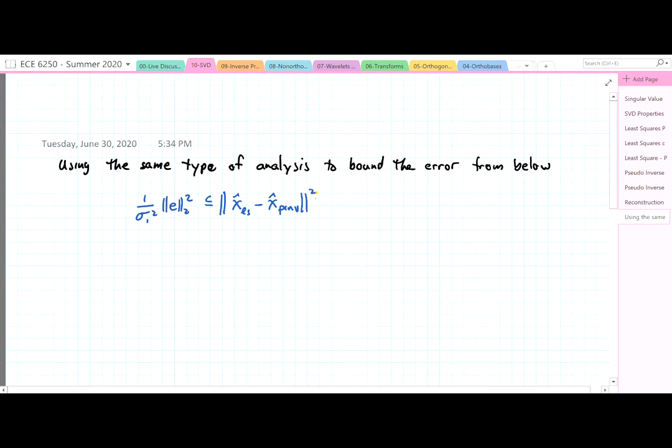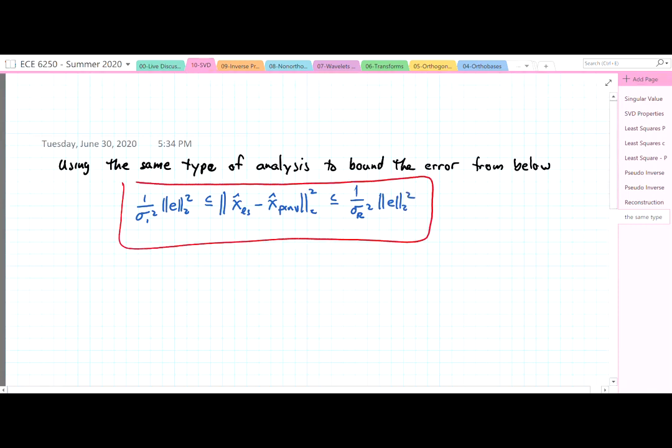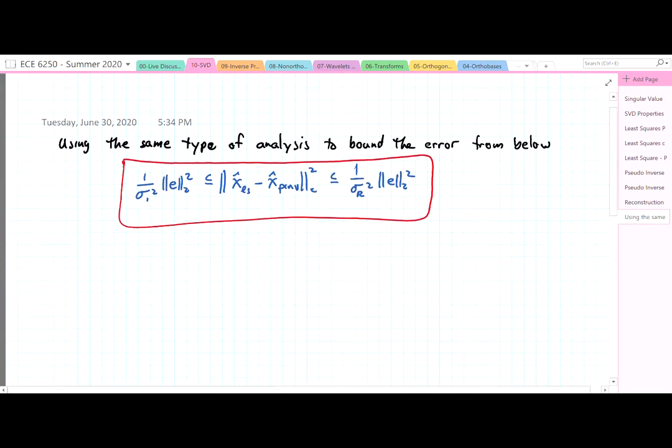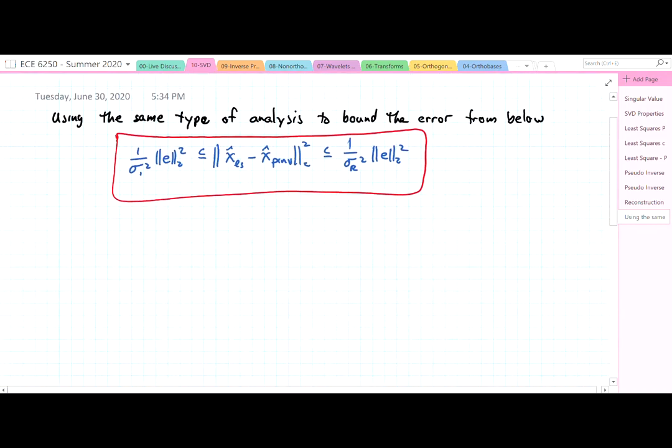Maybe I should have labeled it that way. I'm not going to go change it now, but if that helps, think of it that way. That is less than or equal to 1 over sigma_r squared times the norm of E squared. So this is very similar to what we had before with square matrices, where the error was bounded by the eigenvalues, and here it's bounded by the singular values. So the same principles hold.